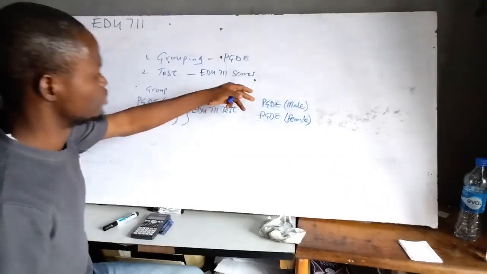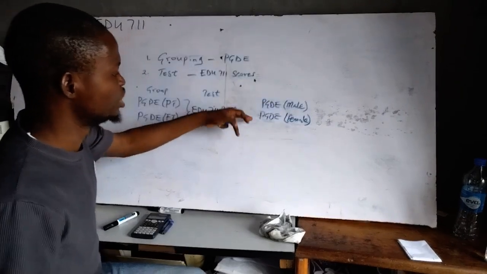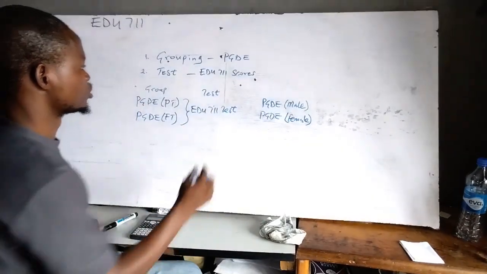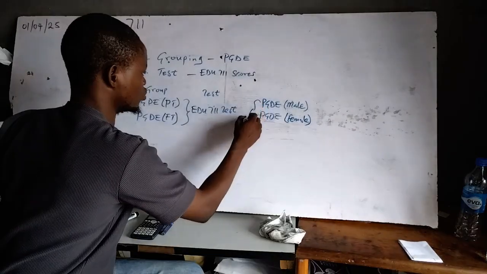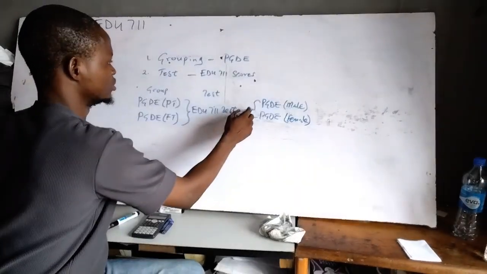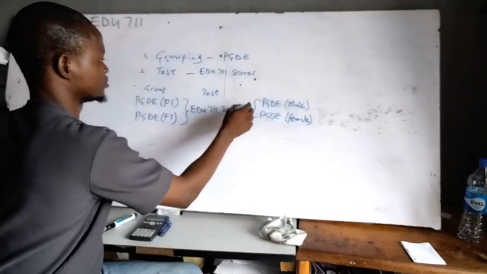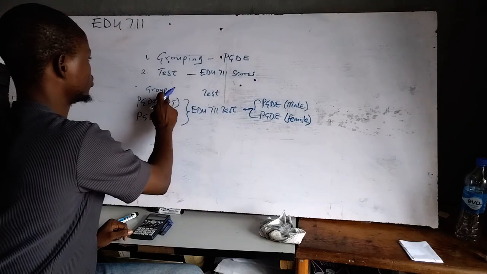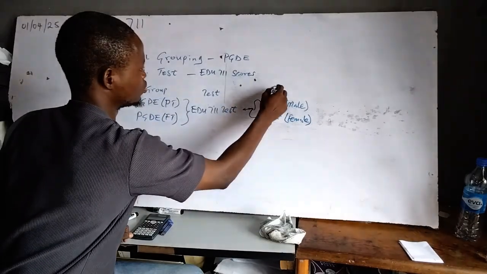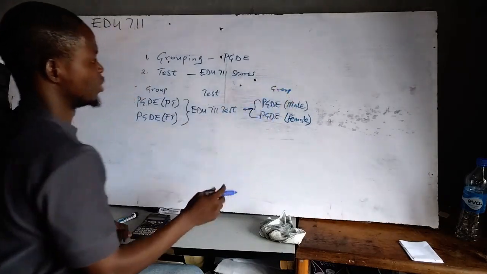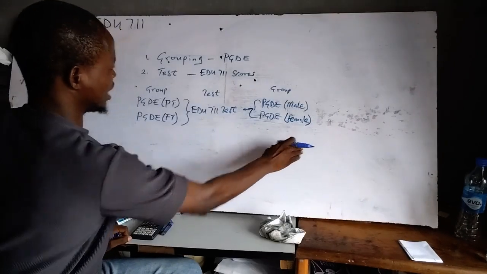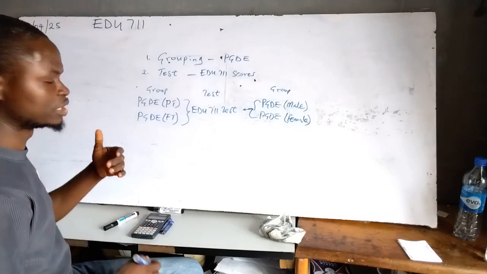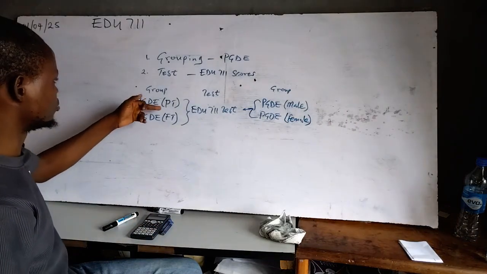It could be PGDE single, PGDE married, and so on. So these two groups were given this same test. So this is group, this is test, this is also group. I'm just writing this so as not to restrict your thinking about the grouping to part-time and full-time.